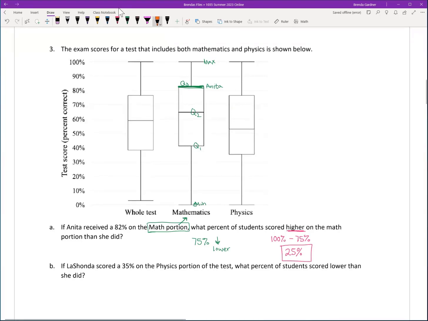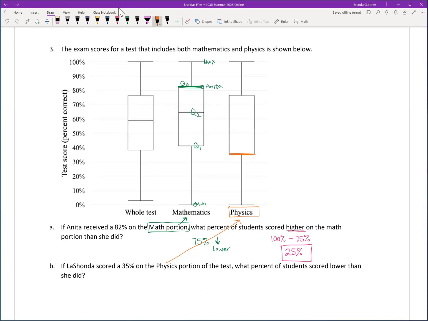And looking at LaShonda, if LaShonda scored a 35% on physics, so now I'm going to look at the physics box plot, and looking along the left-hand vertical axis, 35% is down at the bottom of the box.